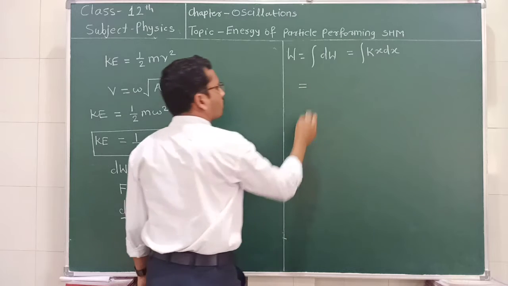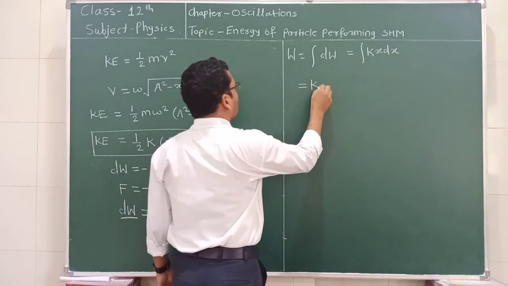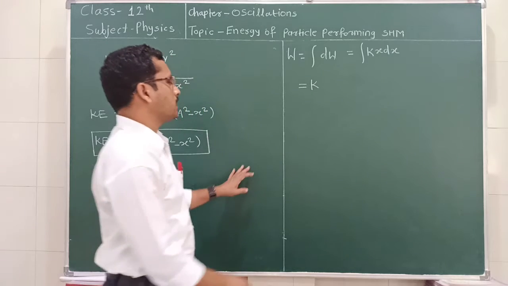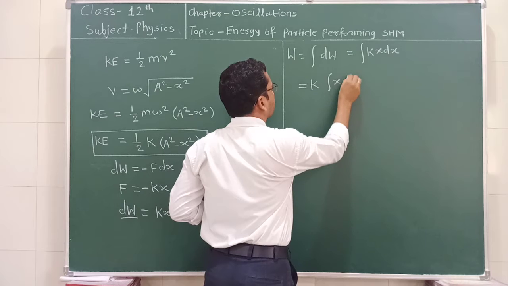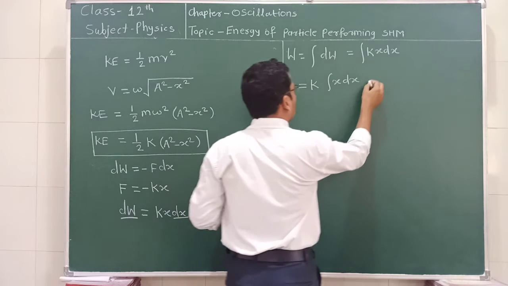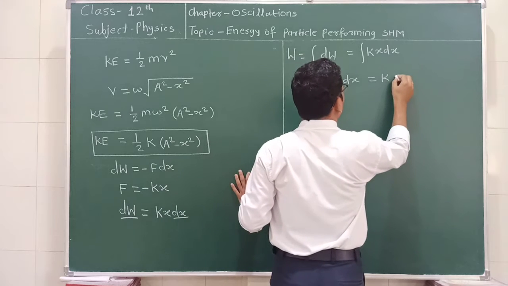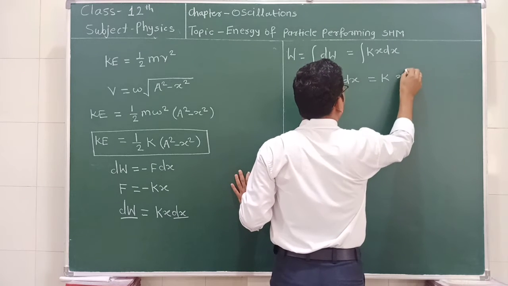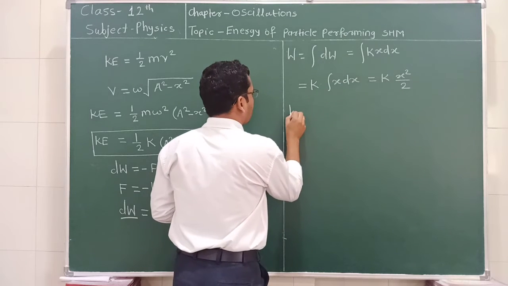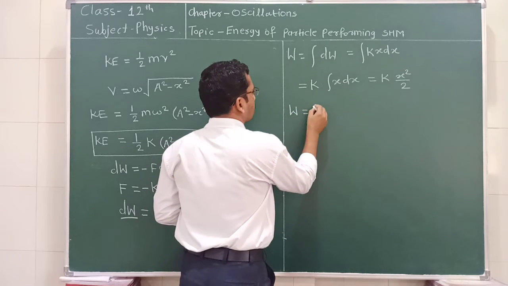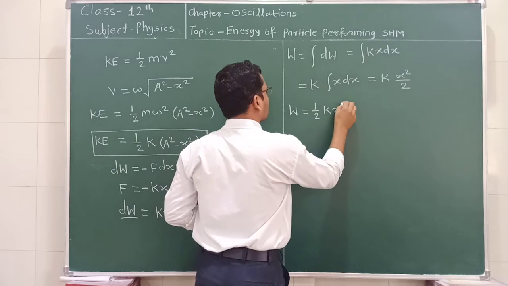Now, k is a constant, so we take it out of the integration sign: k into the integration of x multiplied by dx, which is equal to k into x square divided by 2. So the work done is equal to 1 by 2 k into x square.